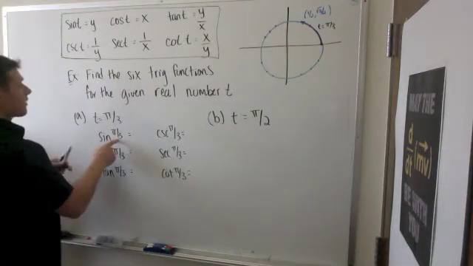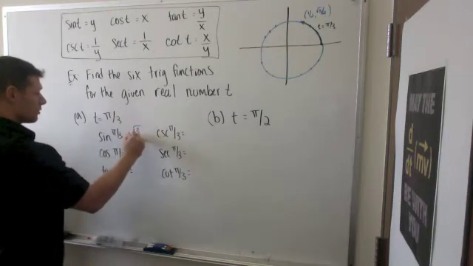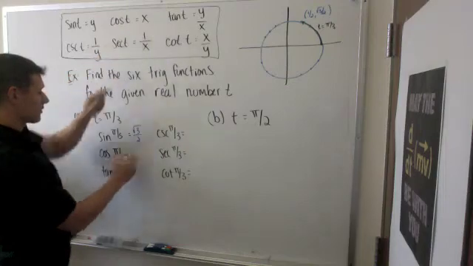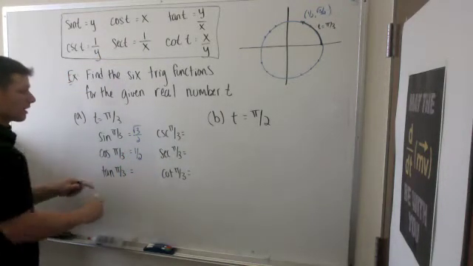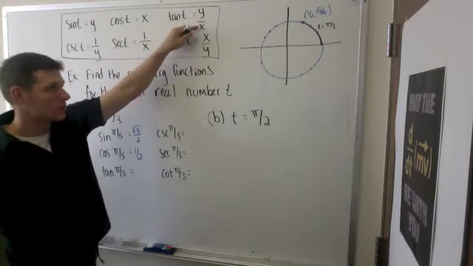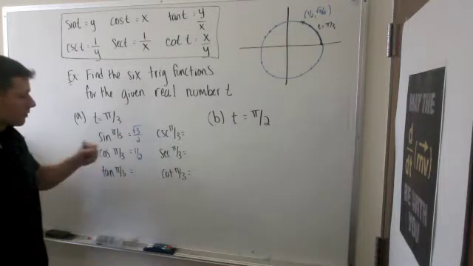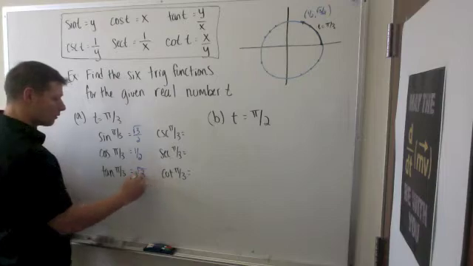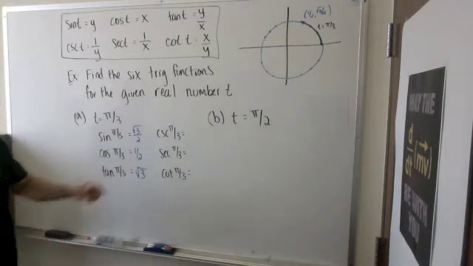So sine of pi over 3 is the y value there. It'll be root 3 over 2. Cosine of pi over 3, cosine is the x value, so it'll be 1/2. Tangent of pi over 3 is the quotient of the y over the x value. So I'll have here my y, which is root 3 over 2, divided by 1/2. So it turns out to just be root 3. I have to do the mathematics, right? This guy divided by that guy, the 1/2s cancel out.